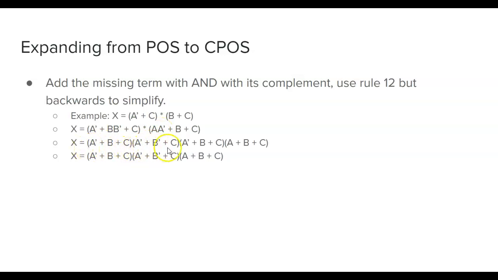And then we would expand them to kind of factor out those two B's right here, the B and the not B, and then the A and the not A. So we would turn out with not A or B or C, not A or B or not B or C, and then have these last two.